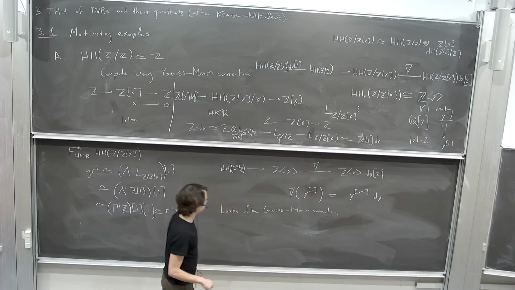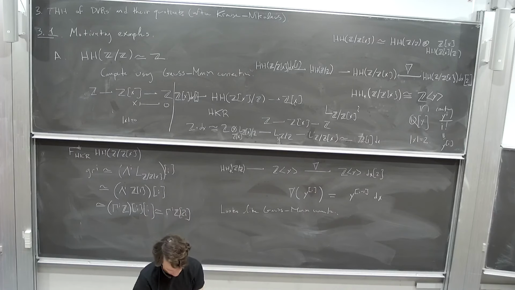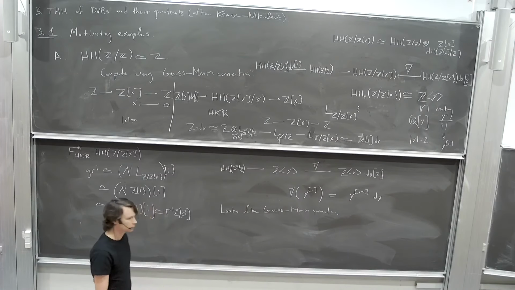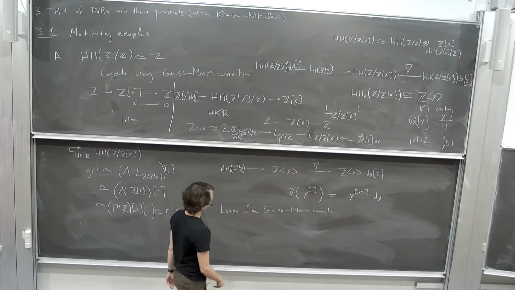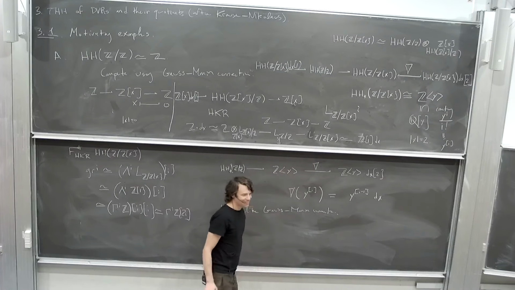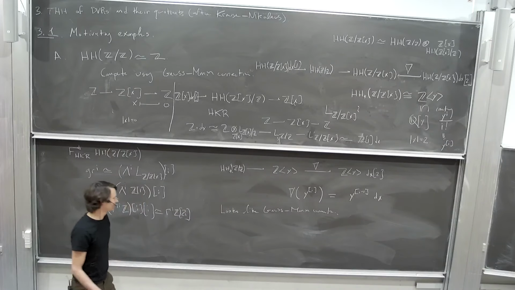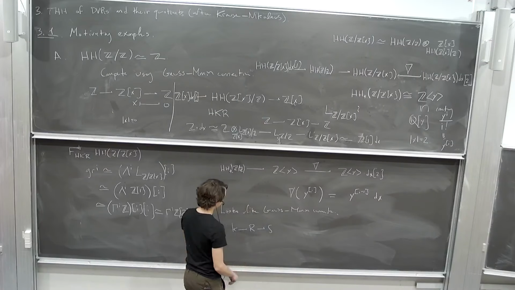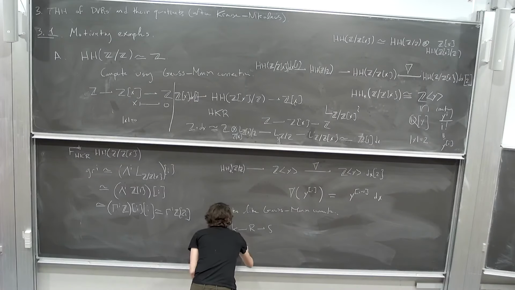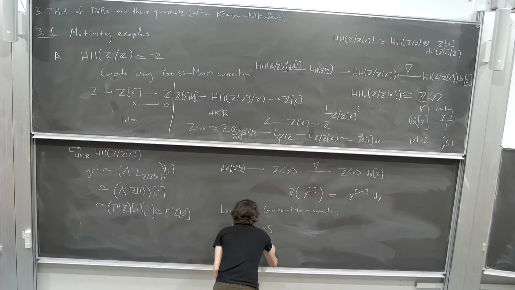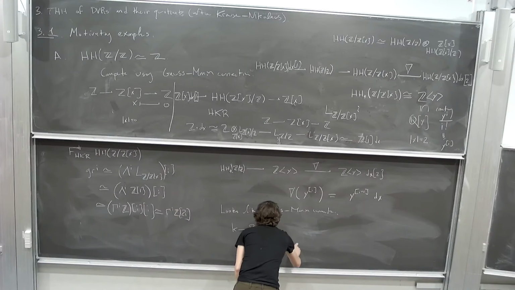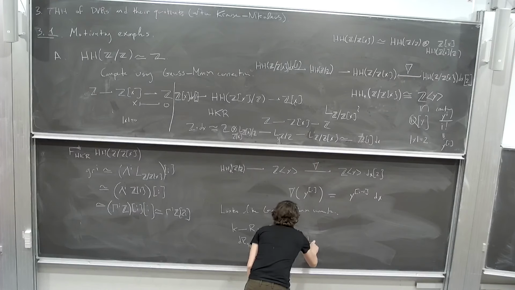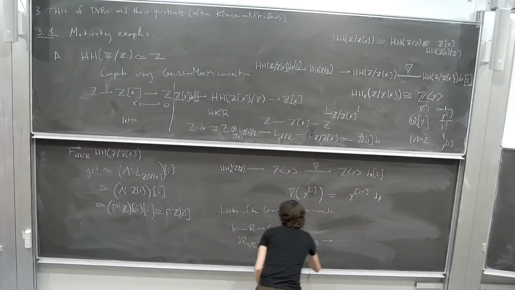Okay, so this is example A, and now, well, it looks like this in this case, but in general, if you have k to r to s, then the Gauss-Manin connection looks like de Rham s over r mapping to de Rham s over r tensored over r with the cotangent complex of r over k, and so forth.